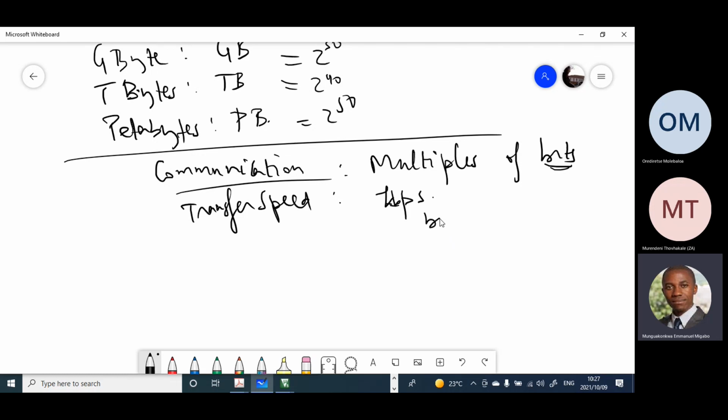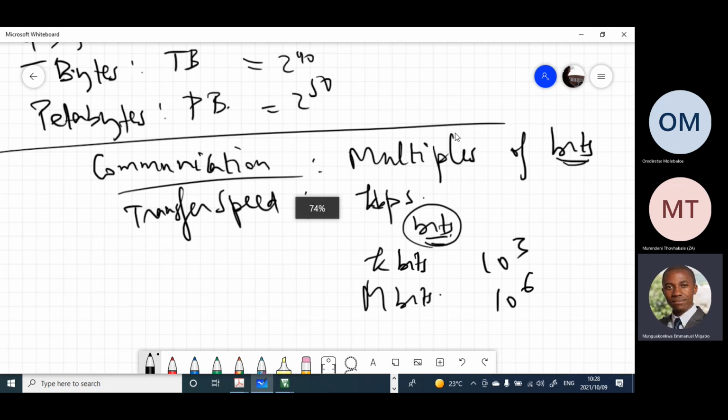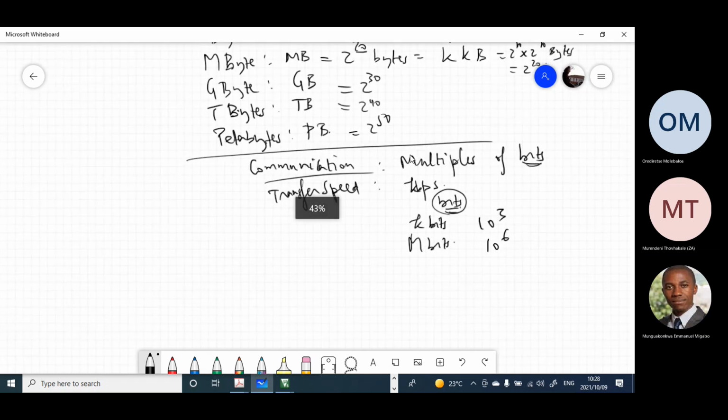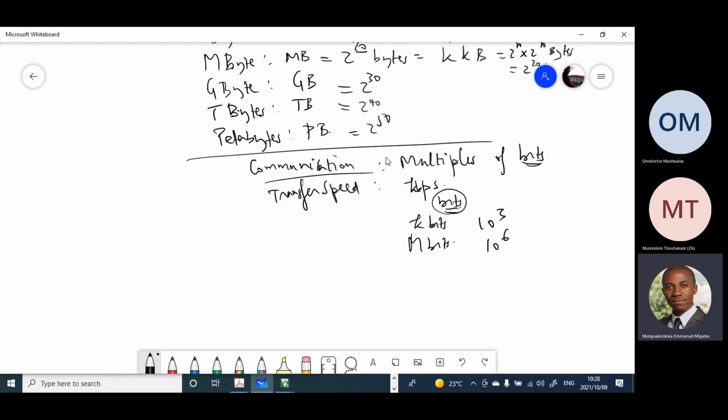So when it comes to bits, multiples of bits, being kilobits or megabits, mostly used in communication applications, it's 10 to the power 3, 10 to the power 6, etc. But when it comes to bytes, it's 2 to the power 10, 2 to the power 20, etc. That's a quick revision there. Is that okay? Yeah, that's fine. Okay. So that's in terms of storage.